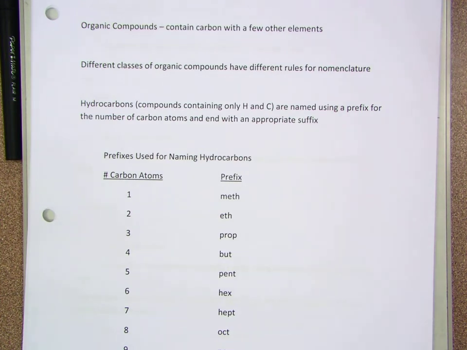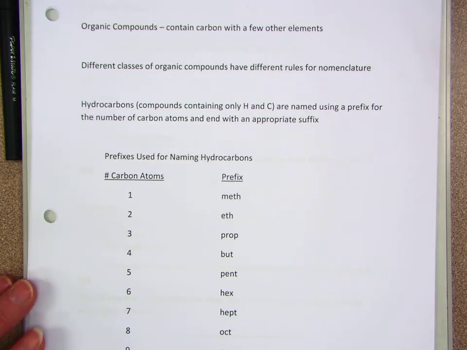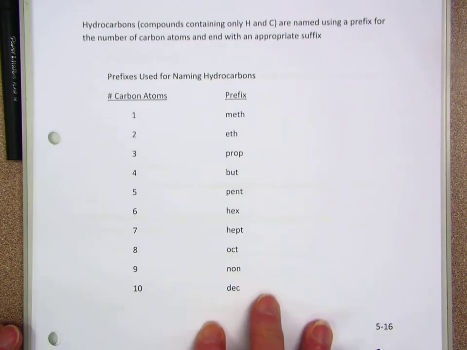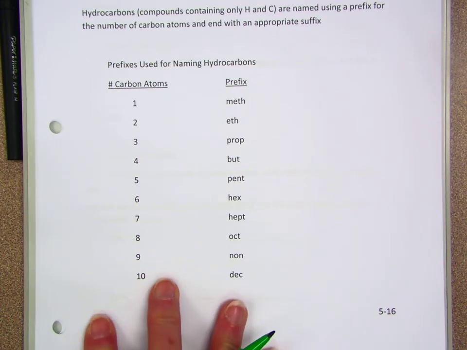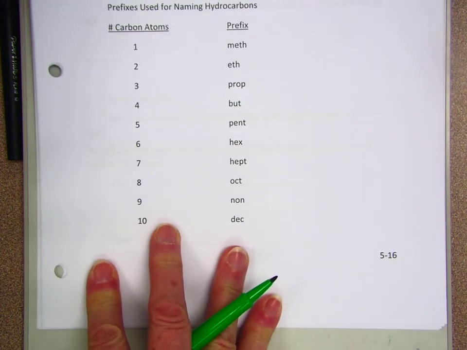But really, they're less than 10 elements. So different classes of organic compounds have different rules for nomenclature. For this class, we are going to talk only about hydrocarbons, things that contain carbon and hydrogen. And we're only going to talk about alkanes, things that have all single bonds and are completely saturated. So we have a different set of rules for these.